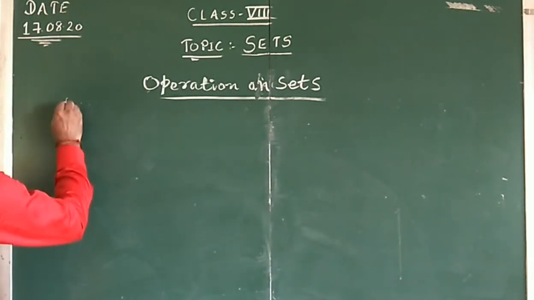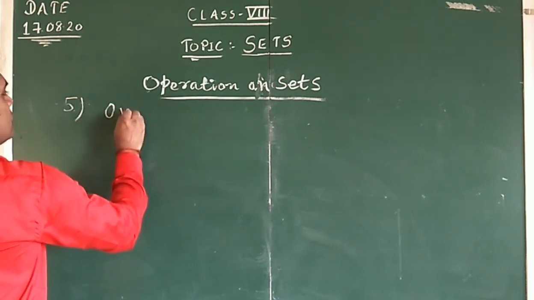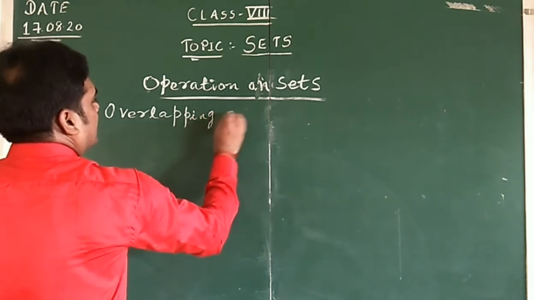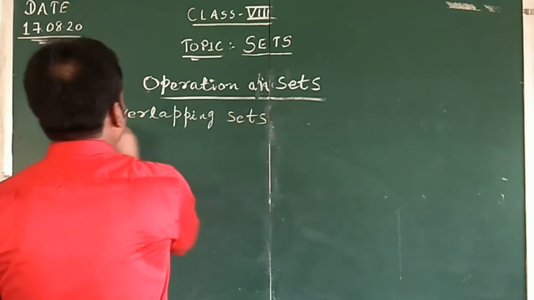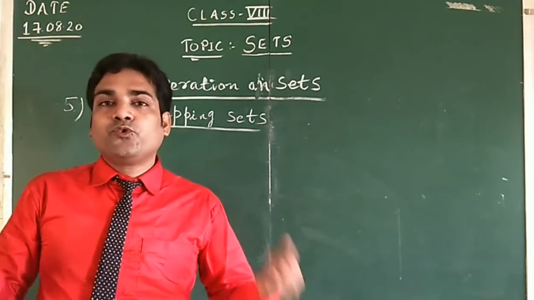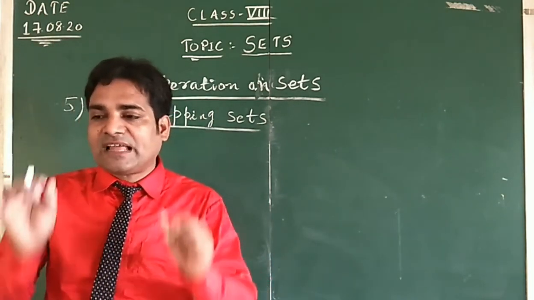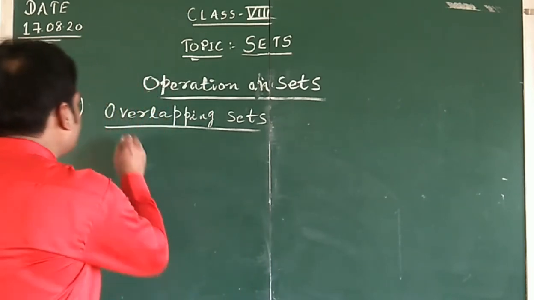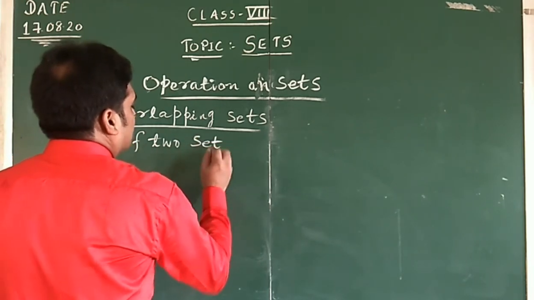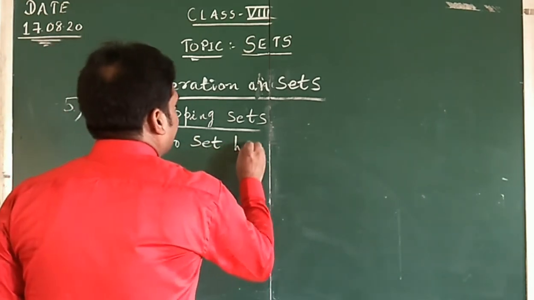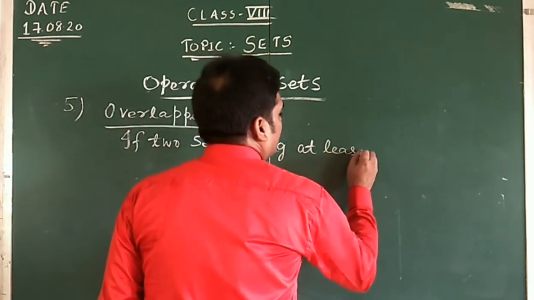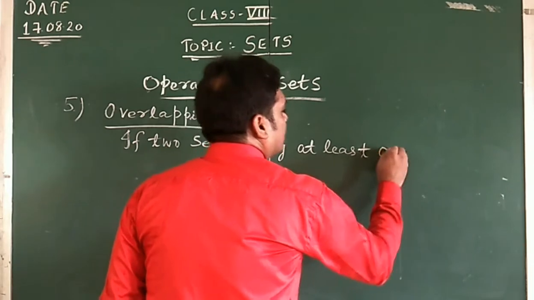Children, the fifth topic is overlapping sets. We say that two sets are overlapping if the two sets have at least one element common.